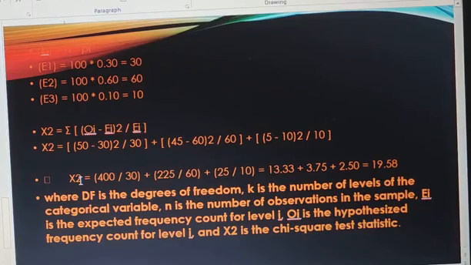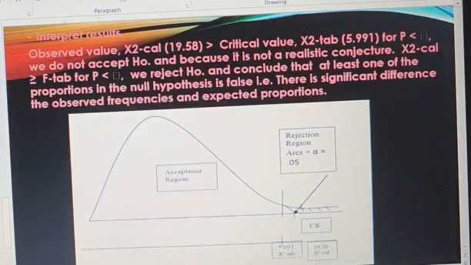Where df is the degrees of freedom, k is the number of levels of the categorical variable, n is the number of observations in the sample, ei is the expected frequency count for level i, oi is the observed frequency count for level i, and chi2 is the chi-square test statistic. Interpret results.